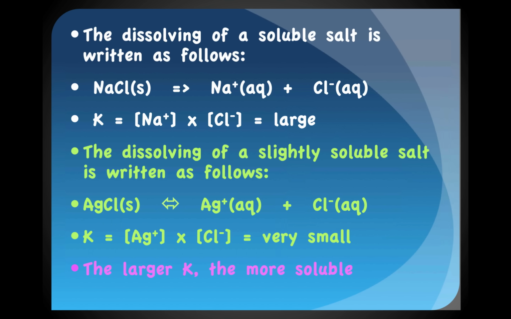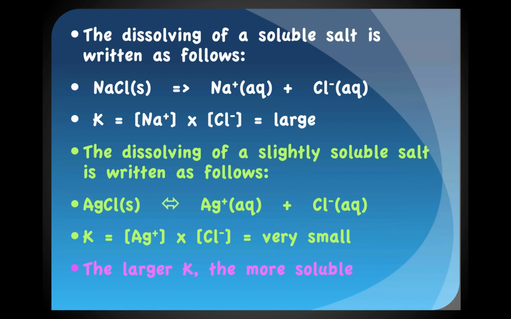In this example, the silver chloride is in equilibrium with the silver ions and the chloride ions. But the K is so small that the reaction lies to the left, and this salt is not very soluble.